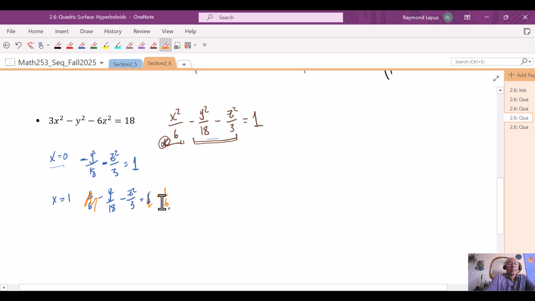And then you get minus 1/6, so that's negative 5/6 on the right side. Okay, so we're still having that issue of a negative on one side and a positive on the other. So I think maybe letting x equal to 2, maybe.